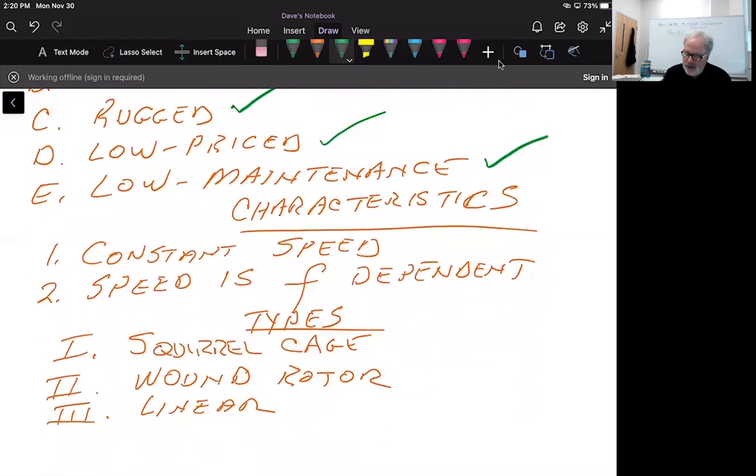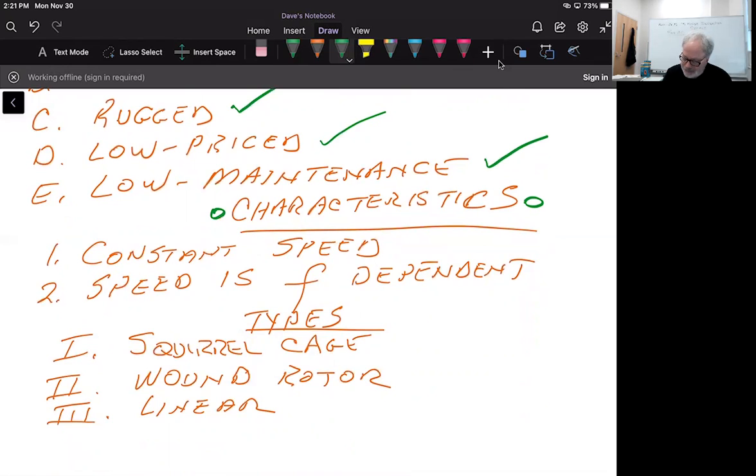The characteristics of the three-phase induction motor: now it has basically a constant speed from 0 to full load. Now that's neither good nor bad. It's just a characteristic of the motor, okay?